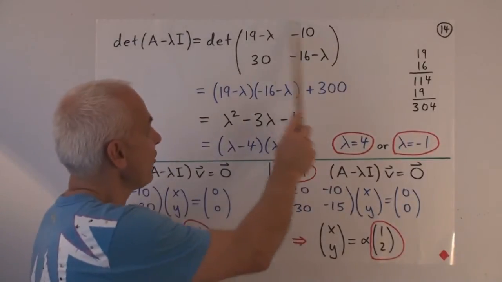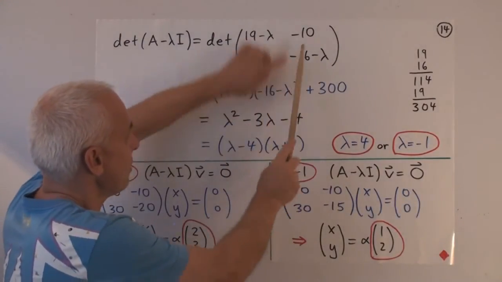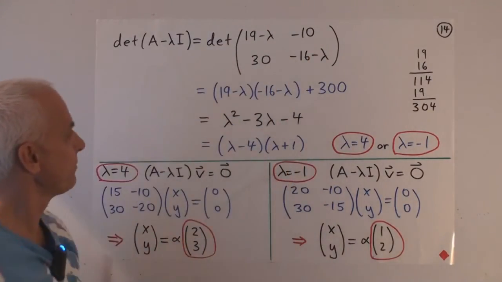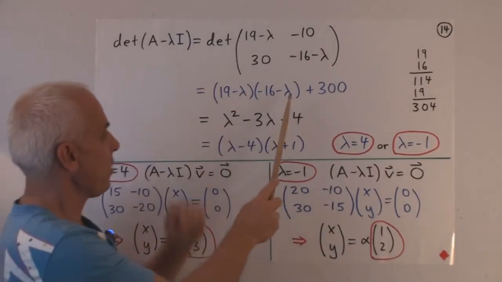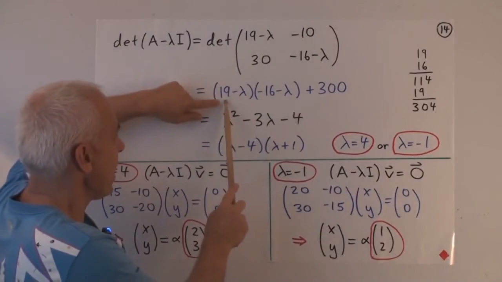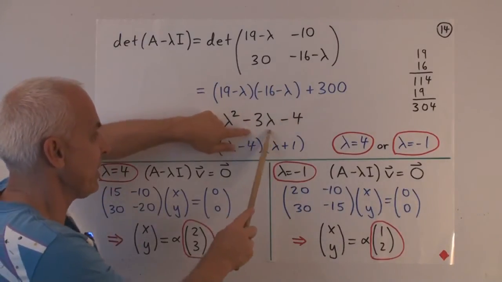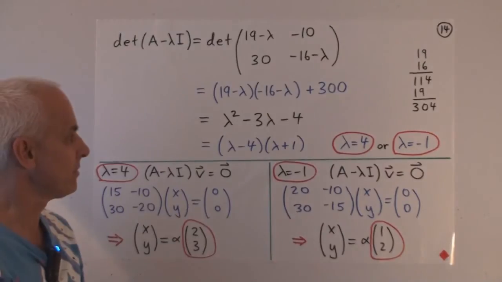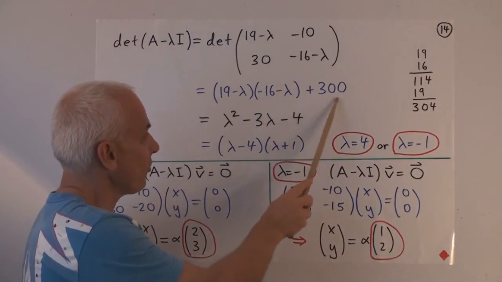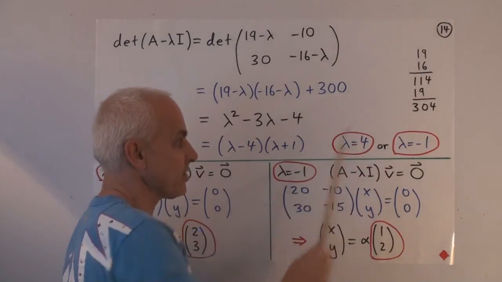The determinant of this 2 by 2 matrix. So it's that times that minus that times that, plus 300. We expand that out, we get a lambda squared. We get 19 times minus 1, that's minus 19, plus 16, that's minus 3 lambda. And the constant term, there's a minus 19 times 16 plus 300. Well, 19 times 16, I worked it out over here, that's 304.